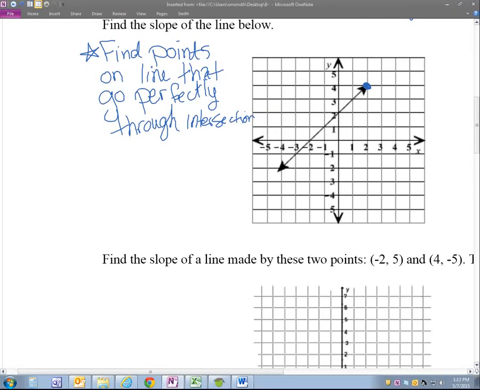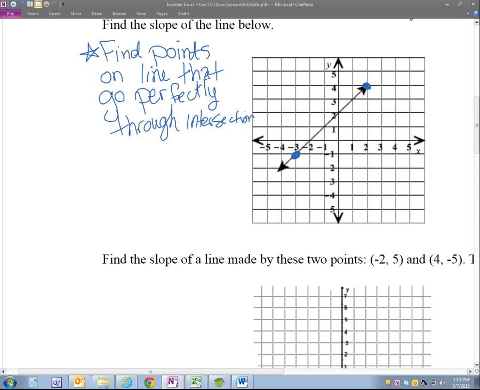Because that's where the line is going. That's what we're finding the slope of. Okay, what's the next one, sir? -1, -3 would be right here. Yeah. There we go. -3, -1 is what he meant.